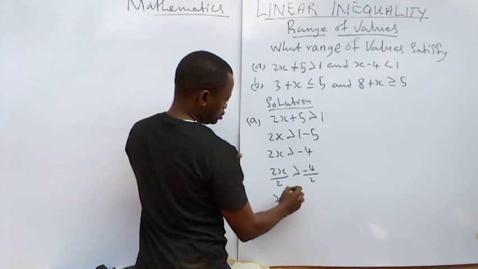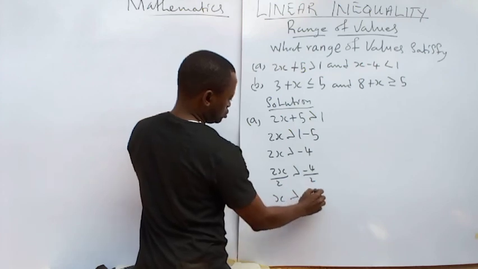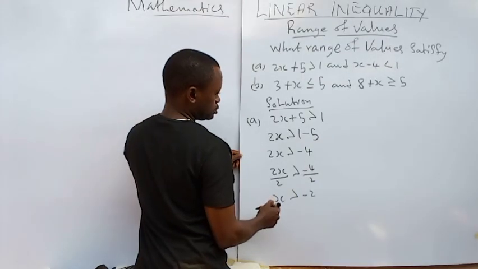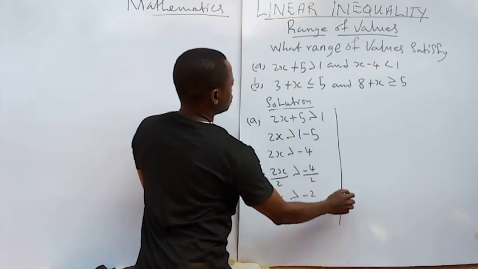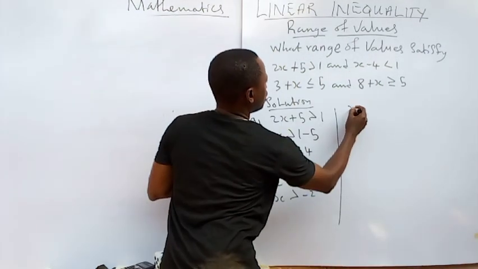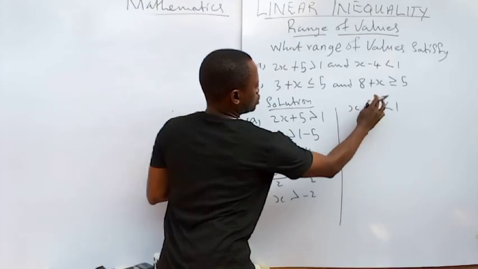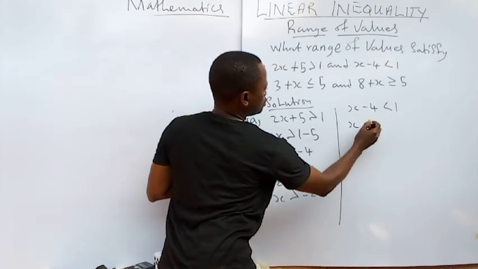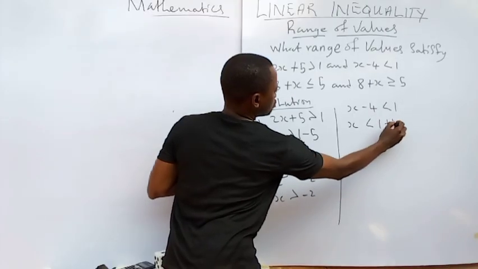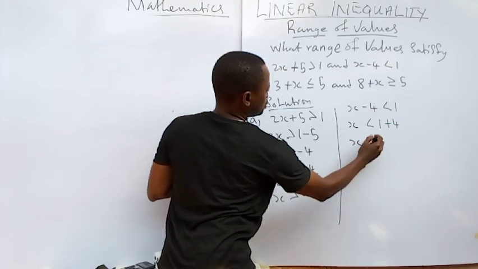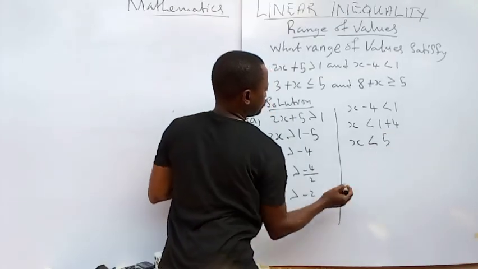And here I will have x is greater than what? Minus 2. Do we get that? So the second part is x minus 4 is less than 1. So this will go over there and be x is less than 1 plus 4. It then means that x is less than 5.